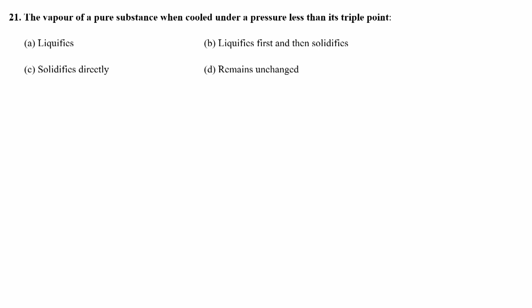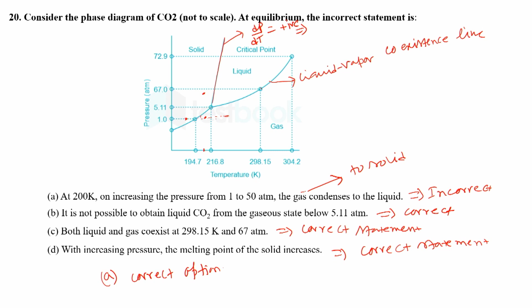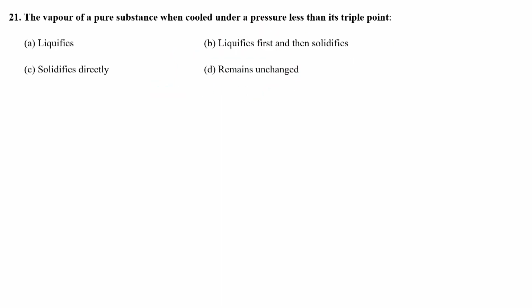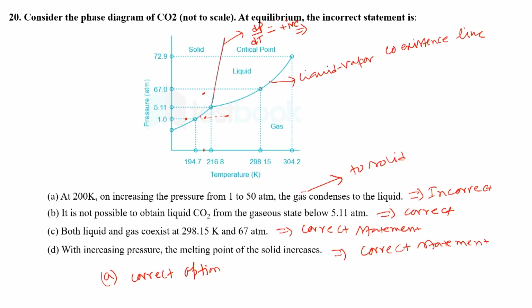We move to problem number 21. It says the vapor of a pure substance when cooled under a pressure less than its triple point liquefies first and then solidifies, directly, remains unchanged. Right? So we just discussed this in this problem. If we cool under a pressure less than its triple point, so we consider the vapor phase here.